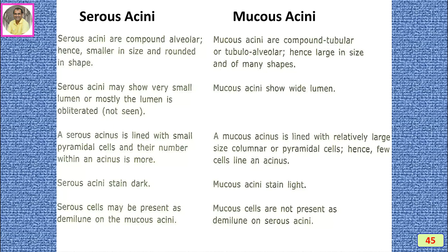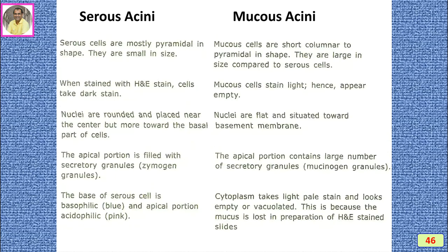The staining of serous acini will be very dark, whereas the mucus will stain light. Similarly, many differences are made based on staining, their function, the chemical nature of the secretory material, and also the structure. For example, in mucous acini cells the nucleus is flat, whereas in serous acini it is rounded. So such micro differences are always present.